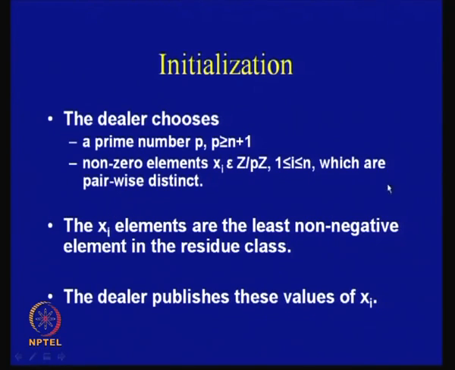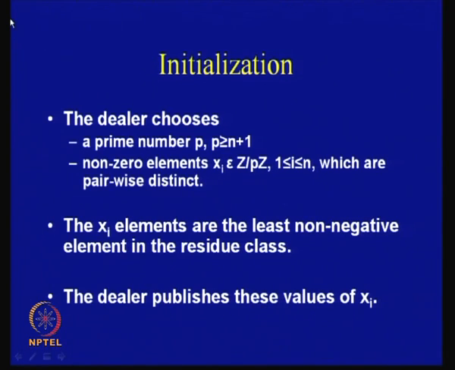So, all of them are pairwise distinct, and the xi elements are the least non-negative element in the residue class of Z_p. So, that means it varies from 0 to p minus 1, and the dealer publishes these values of xi. That is the basic initialization phase which is being followed.